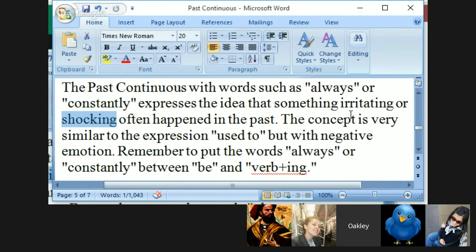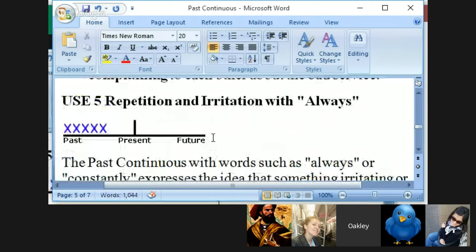The concept is very similar to the expression used to. Here it says, but with negative emotion, I need to edit this. But often with negative emotion. You can, for example, at a funeral, if you're talking about the dearly departed, the poor guy who just died, it would be perfectly normal to say, he was always helping people, and he was constantly smiling.